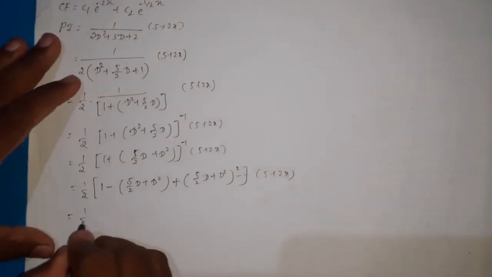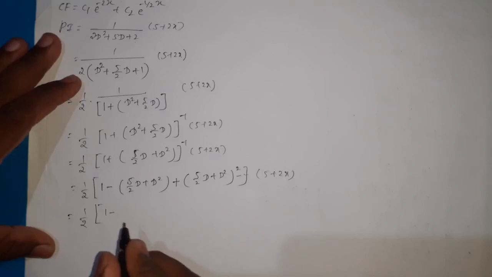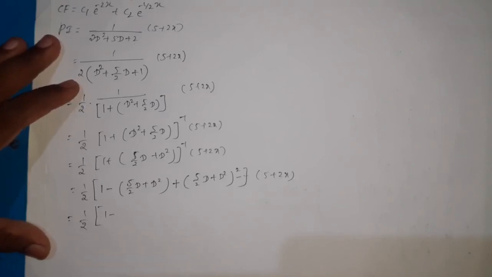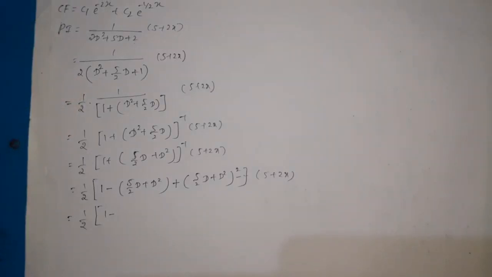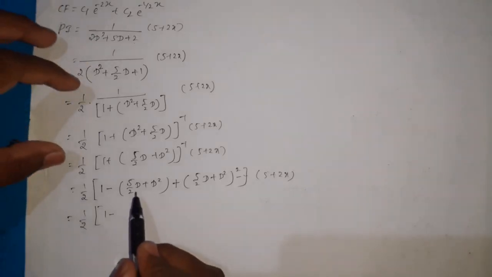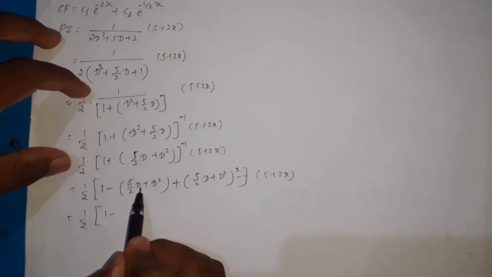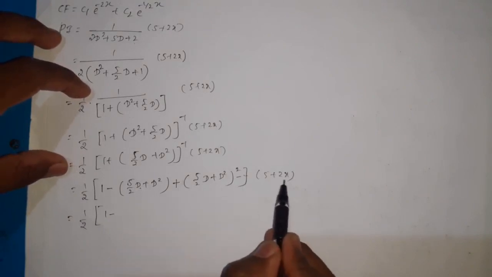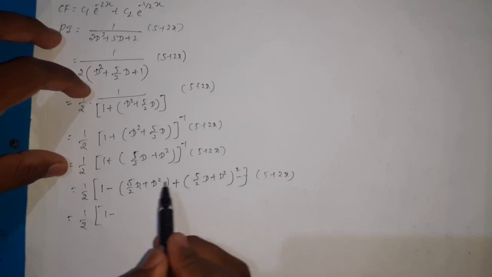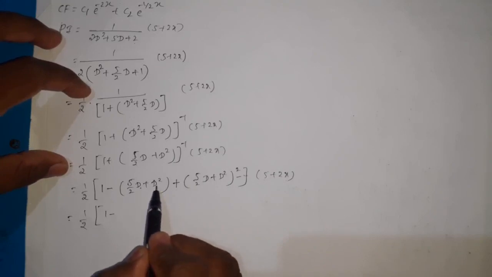Now it is equal to 1 by 2, 1 minus. So here in this step consider the derivatives for which the function is giving a non-zero value. So here we can consider D because the differentiation of 5 plus 2x is non-zero, and we cannot consider D square because its derivative or its value is 0.